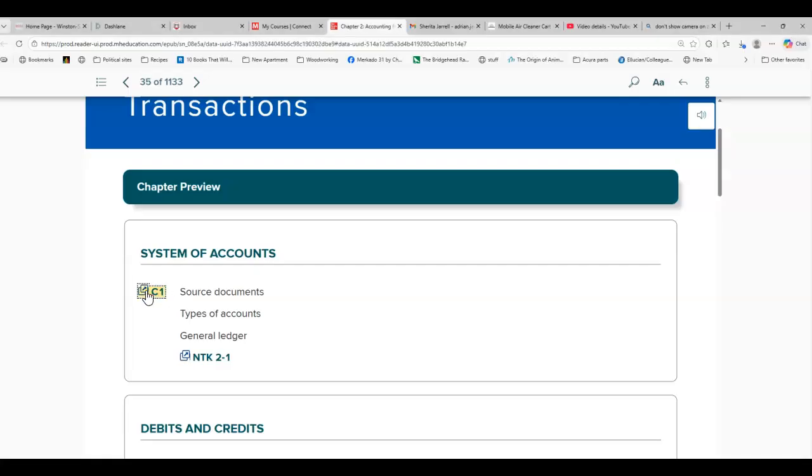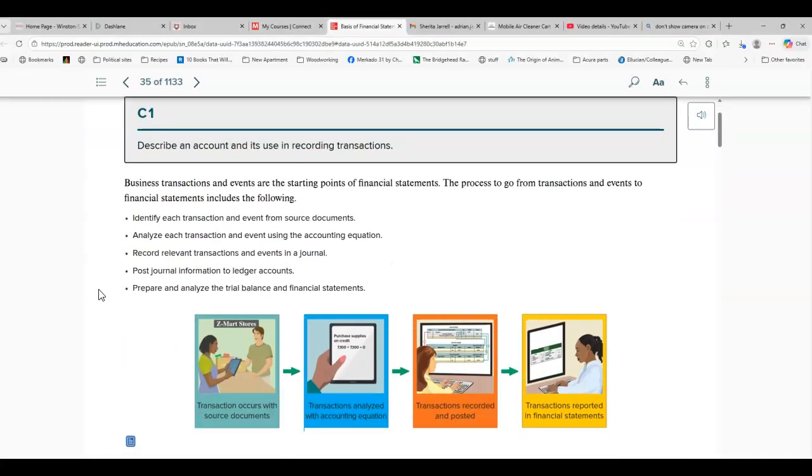source documents. Okay, source documents are just generally bills that we might get from a vendor, bills we might send to a customer. They could be records of inventory, payroll time, all different kinds of things.